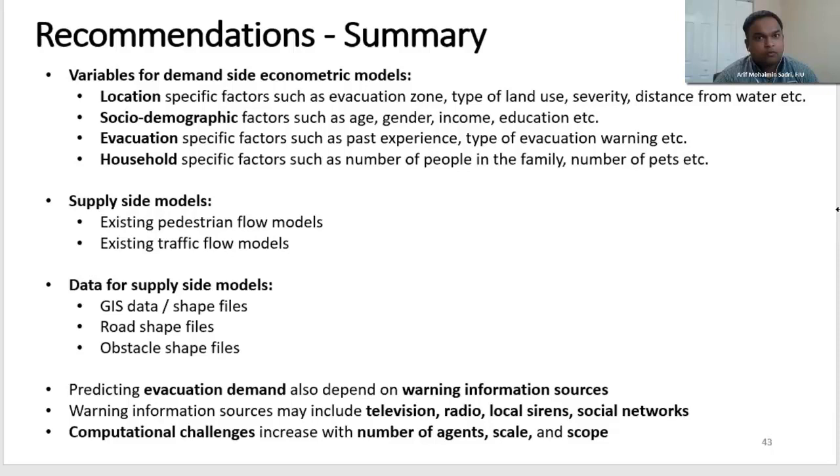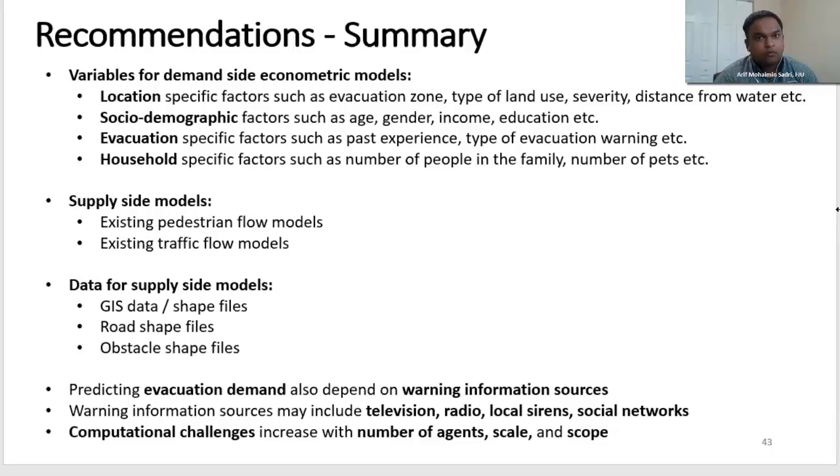You want people to evacuate in a staged manner. So probably in the beginning, you want to provide a voluntary evacuation order for those at less risk. And then you provide a mandatory order for those who are highly vulnerable, so that you can better control the evacuation process. So depending on the type of warning, the evacuation behavior will be different.